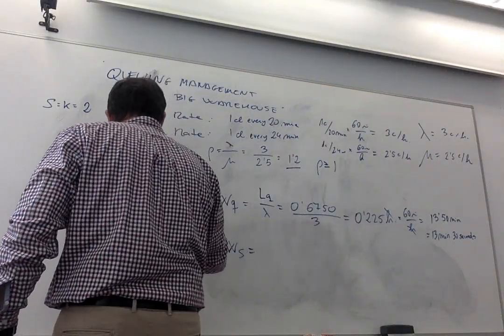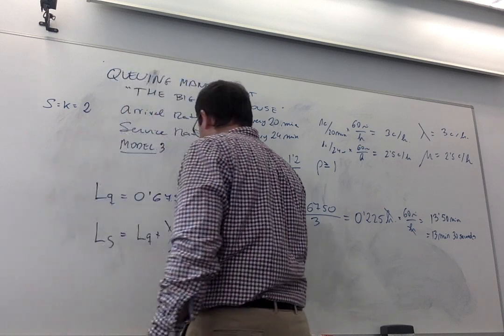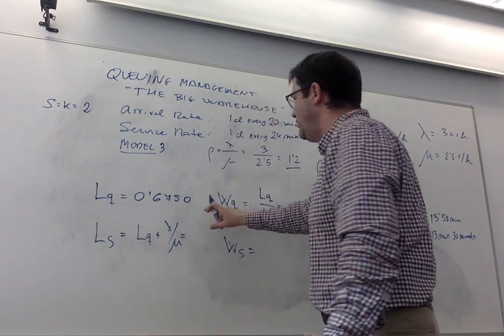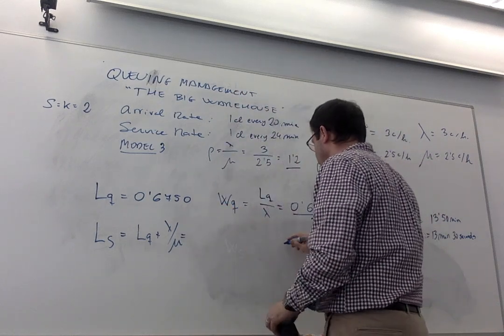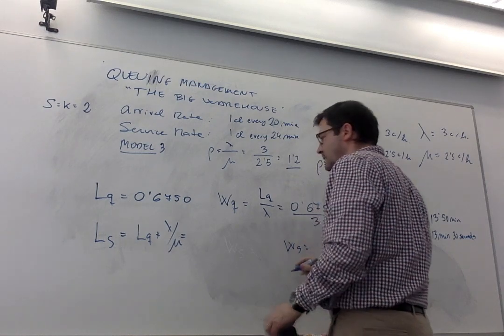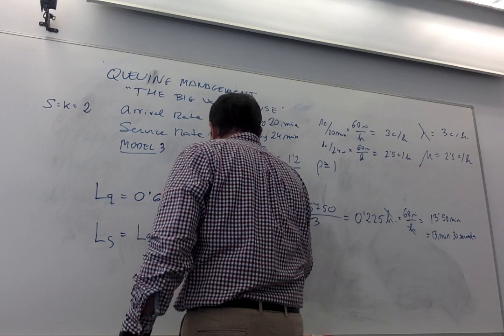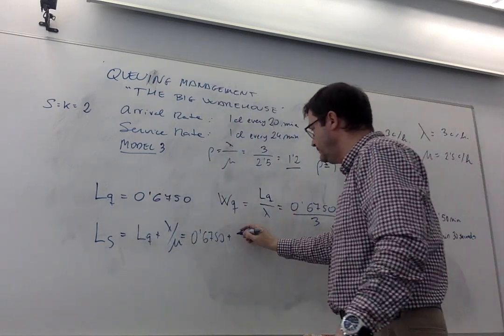LS is LQ plus lambda over mu. All right? So this will be LQ, that is this. Put this to the right. LS is 0.6750 plus, we have this 1.2.